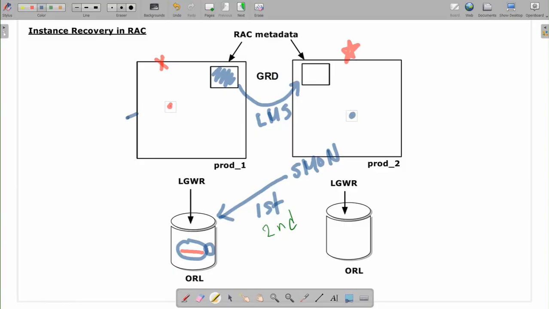Did I count the restarting time of this instance? No. I only cared about the blocks that include the committed transaction. So I want to recover that in one of the surviving instances. By doing so, in the next checkpoint, we can synchronize the database. So that is instance recovery in a RAC environment, especially at this time during the metadata synchronization.